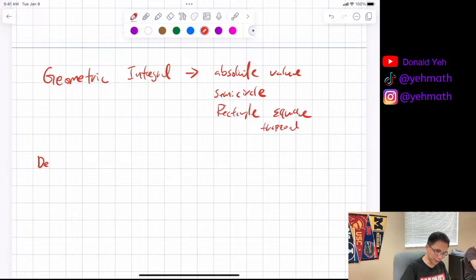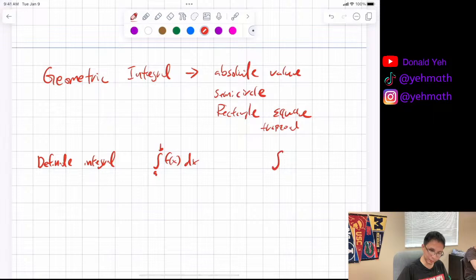So the definite integral means integration from a to b of f of x dx, right? So this one is definite integral. And this is indefinite integral. What's the difference?